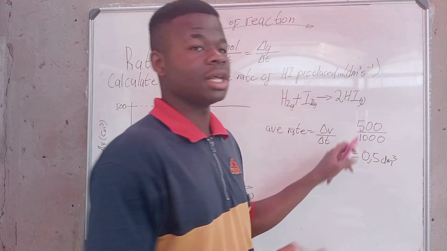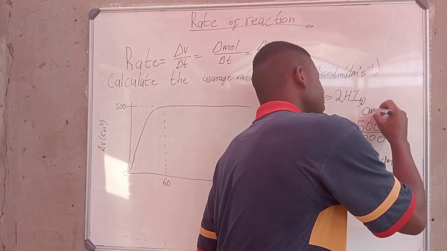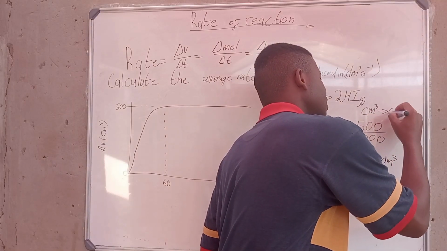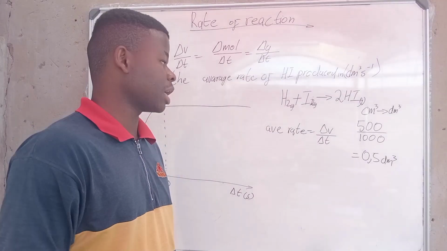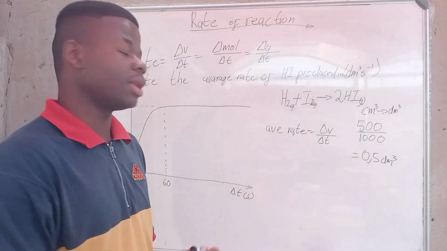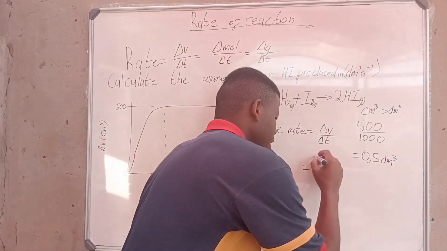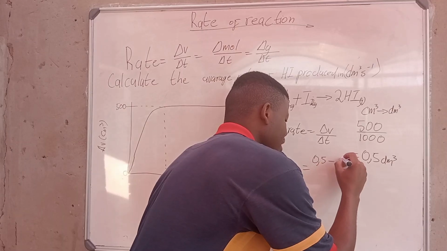So in this case, we converted centimetre cubed into decimetre cubed. And then you substitute it into the formula.